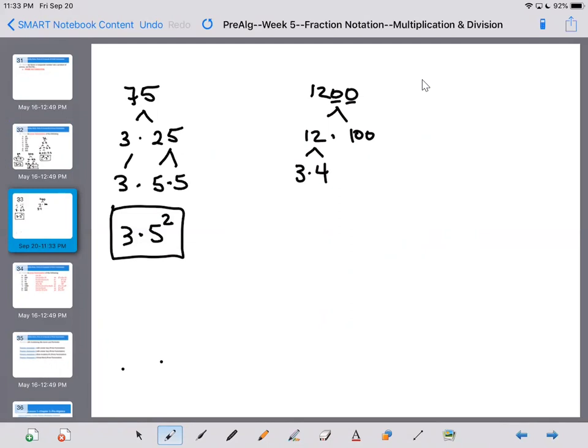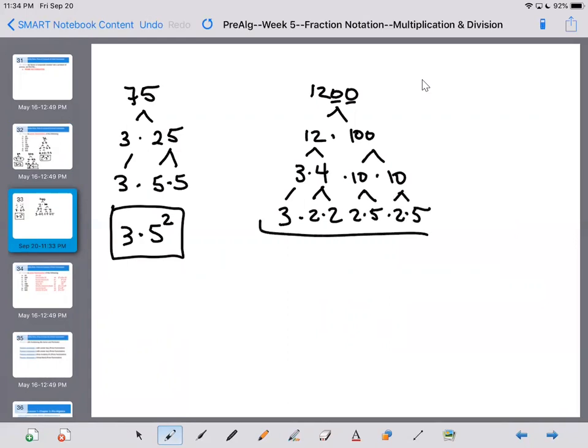Doesn't matter what factors you choose, you're still going to break down the number in factors. So 3 is prime, 4 is not. It's 2 times 2. Now it's a product of primes. 100 is going to be 10 times 10, 2 times 5, 2 times 5. We made it to our product of primes.